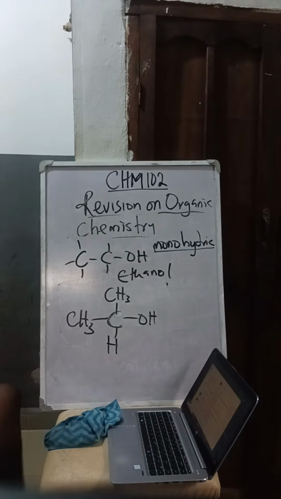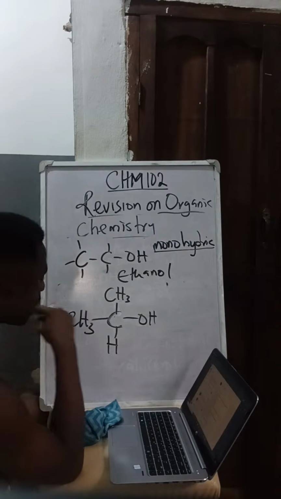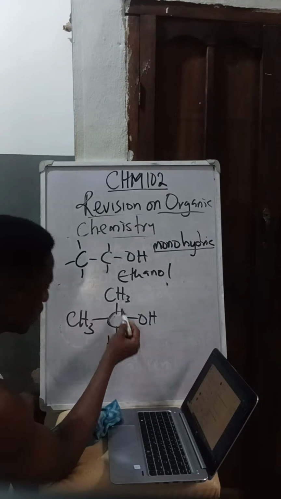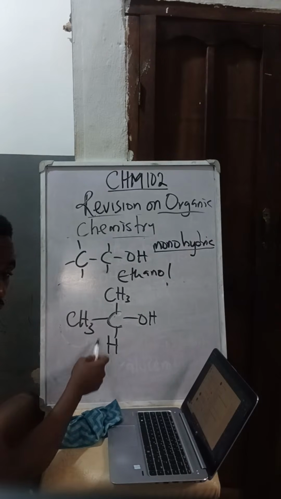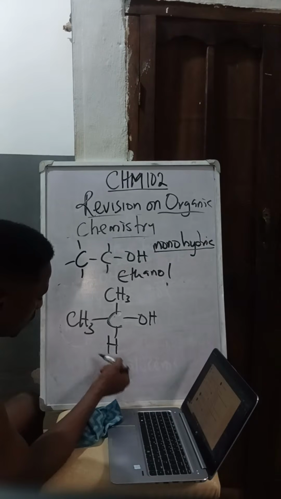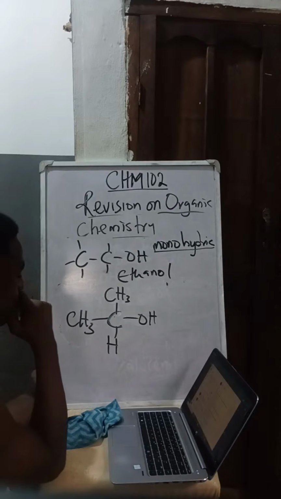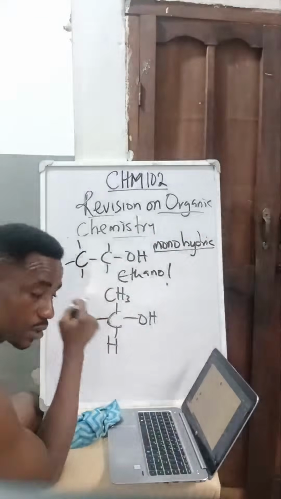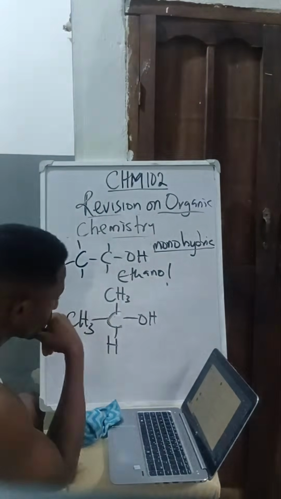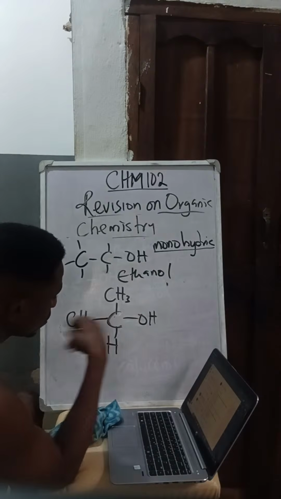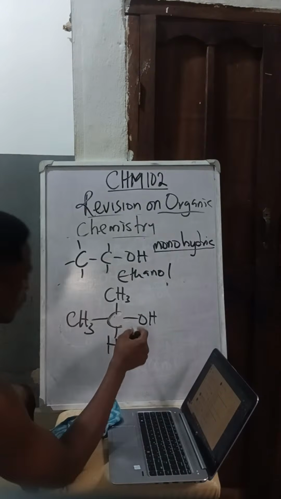So this is secondary alcohol, in the sense that it has only one replaceable hydrogen. The one that has two replaceable hydrogen is called primary alcohol. And the one that has one replaceable hydrogen is called secondary alcohol.